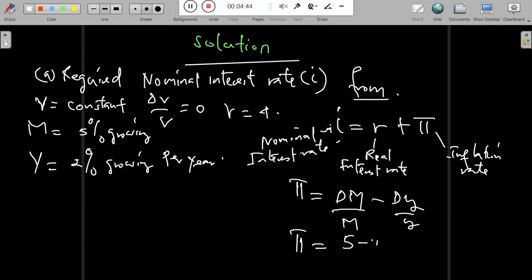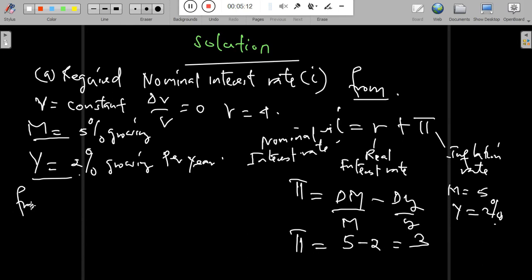I hope here this is 2, not 3. So it is 5 minus 2, that will give out 3%. So the money supply is 5% and the output level is 2%, so this will give 5 minus 2, that is 3. So the answer will be equal to 3.